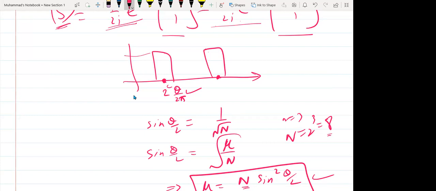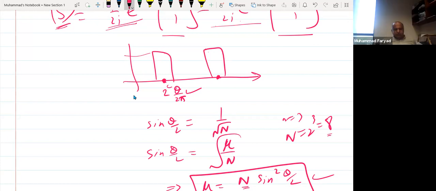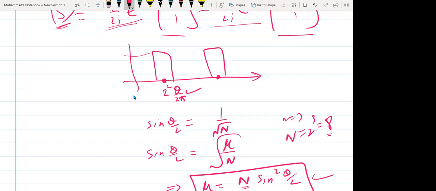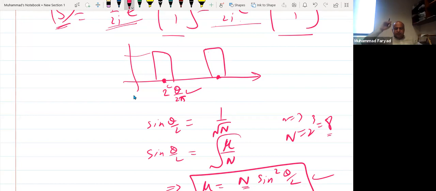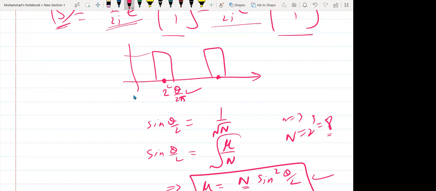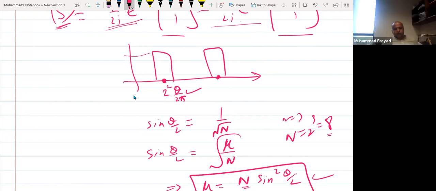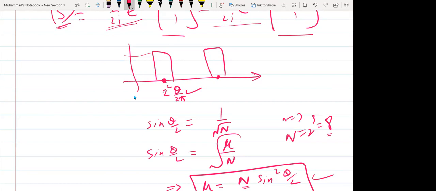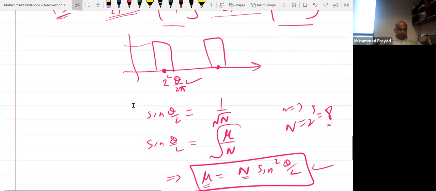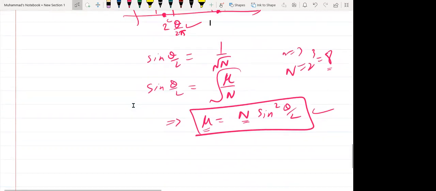All states that we are starting with, we are taking them to be normalized. So whenever you prepare a state on a quantum computer, they will all be normalized. Okay, any other question?